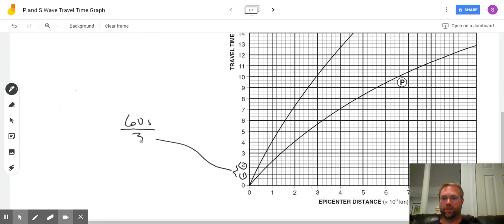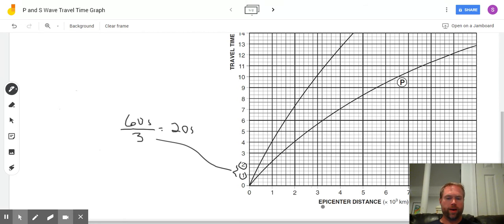So if we divide 60 seconds by 3, then we get 20 seconds. So each of the smaller spaces on the travel time axis is a change of 20 seconds. It's really important to remember that. It's going to come into play as you try some of the practice problems out later on. So just keep that in mind.